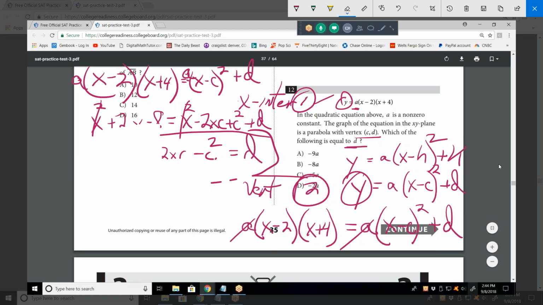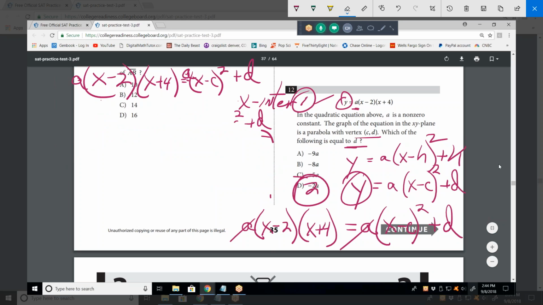We've got just about enough time to finish this. If I start with this, I know those two equations have to be equal to one another.